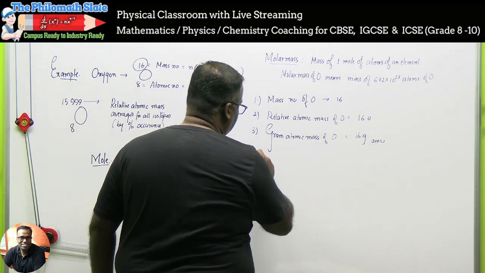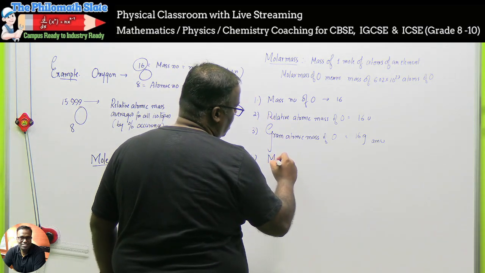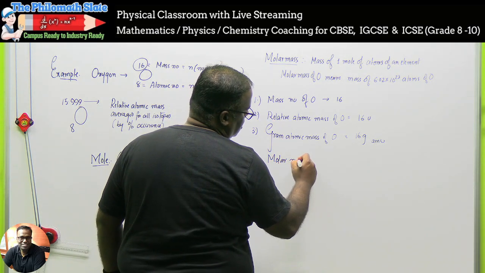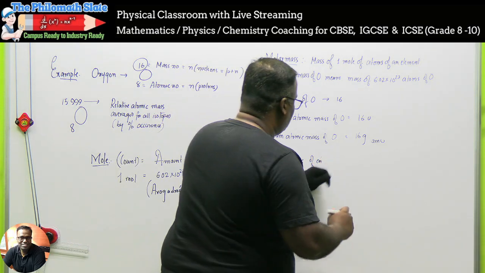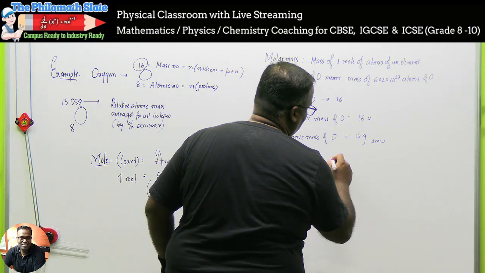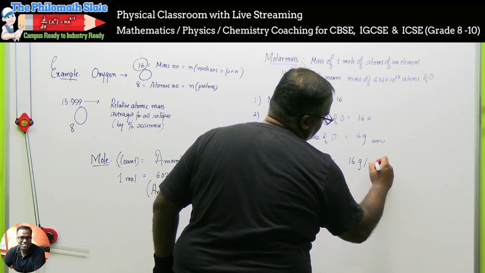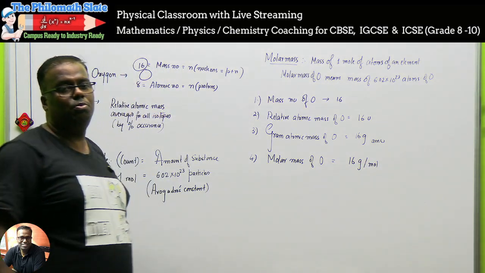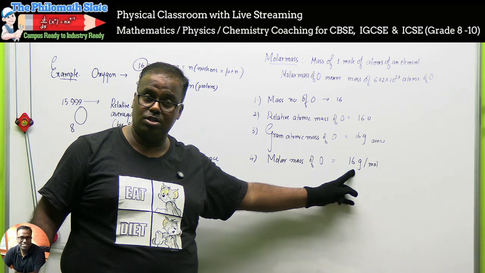So here I write, this 16 is very useful. The molar mass of oxygen is 16 grams per mole. 16 grams per mole. This is the exact weight in grams.